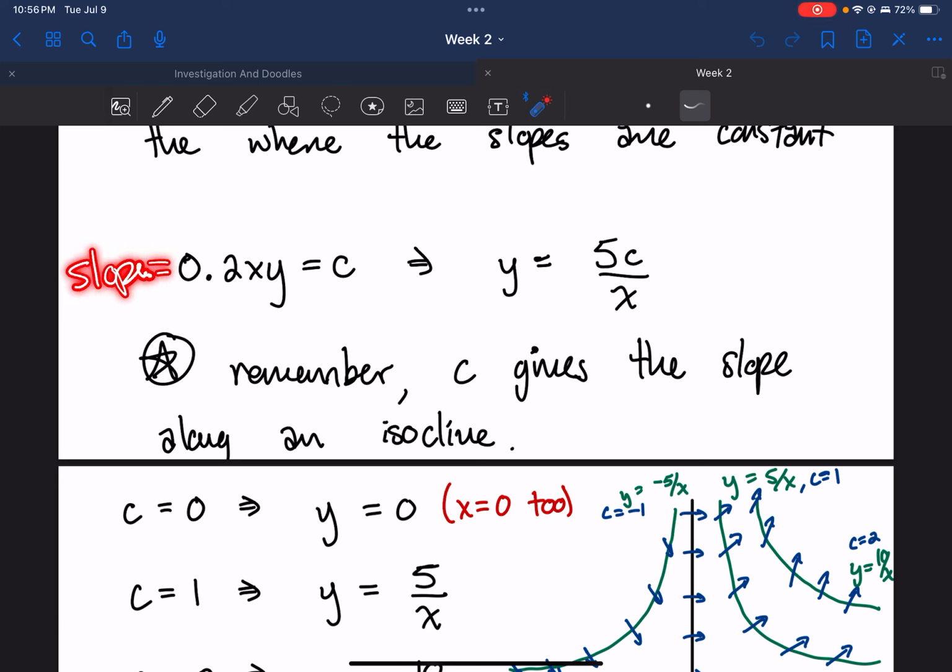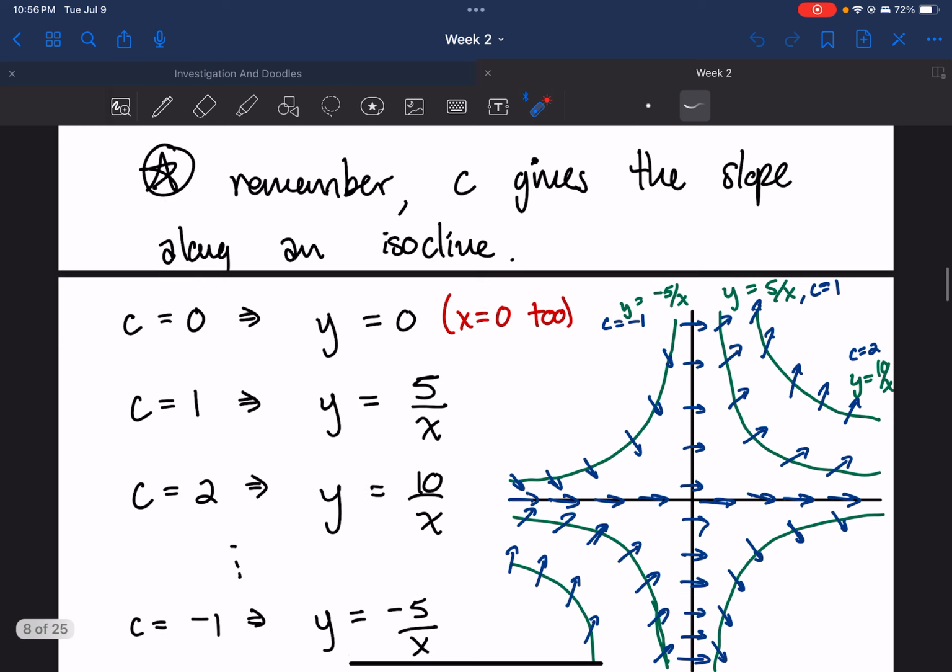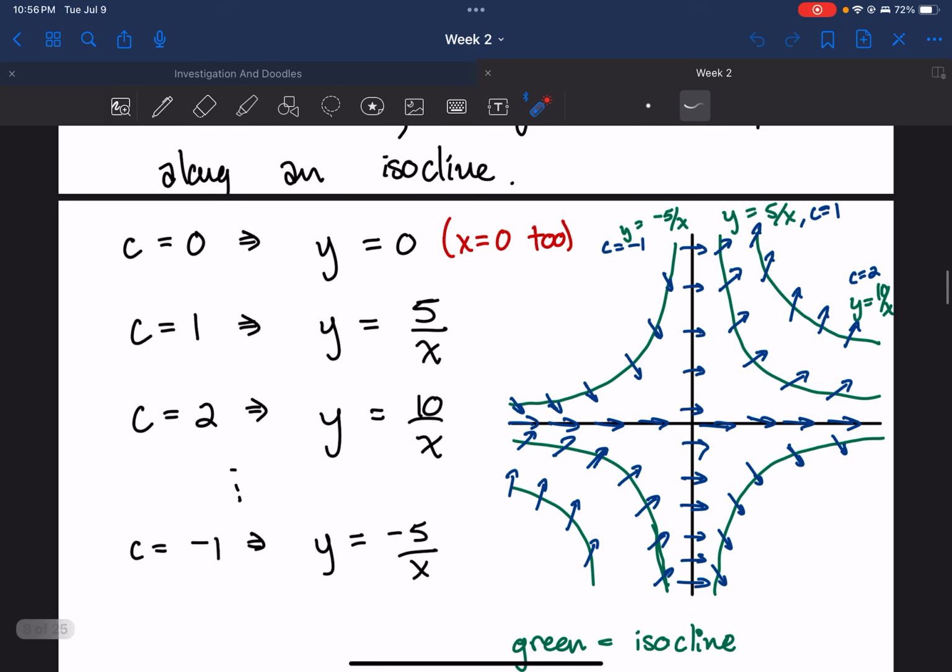So if I pick c equals 0, I'm saying slope equals 0. And where does the slope equal 0? Along the line y equals 0 and also x equals 0. So I go over to my graph, and I look for the line y equals 0. That's this line right down here. That's the x-axis.